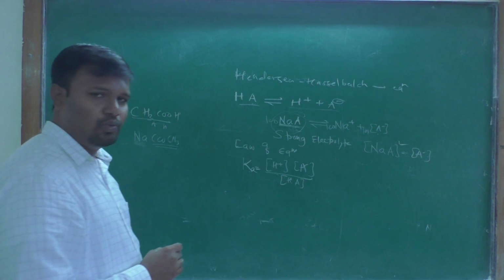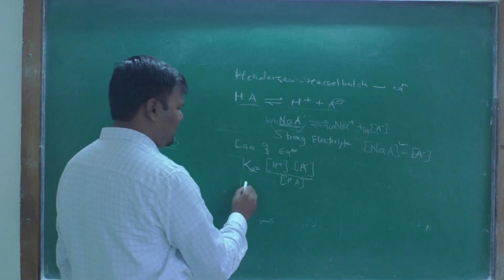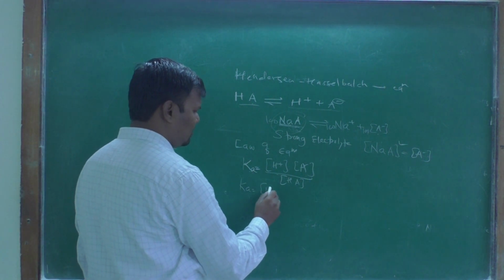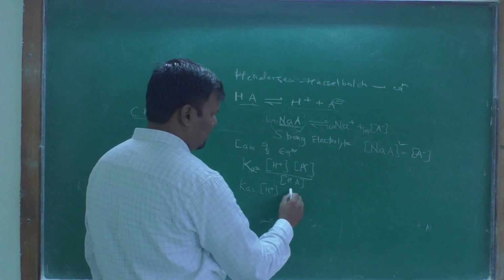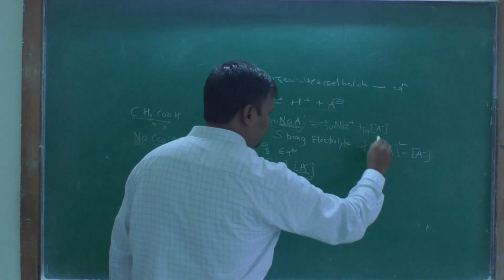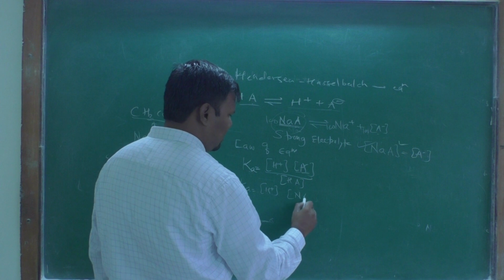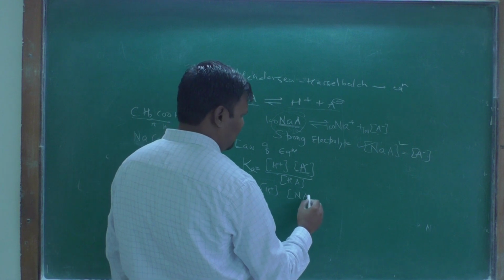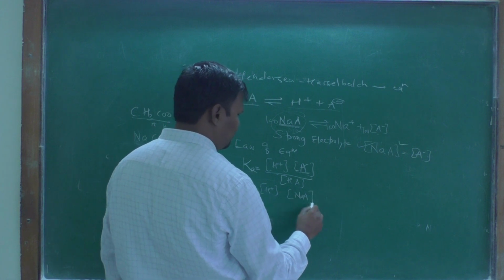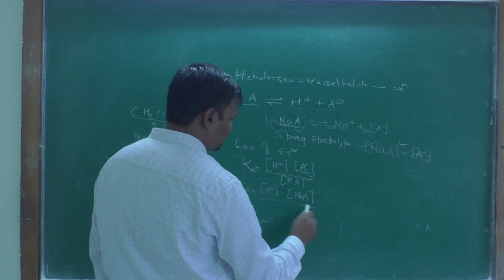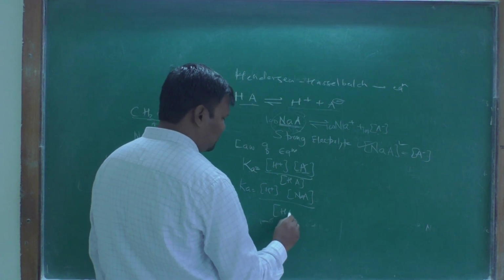Therefore Ka is equal to H+ and A- upon HA, and A- is nothing but the salt.